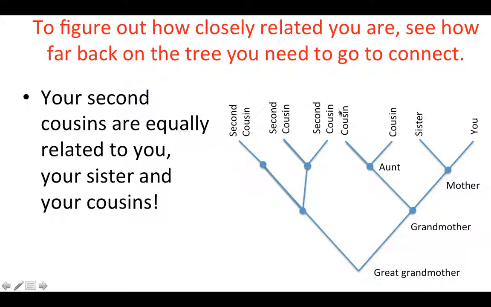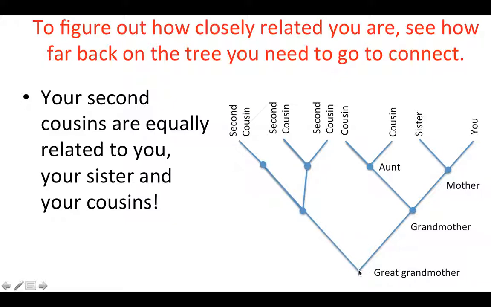So let's look at all of your second cousins. Regardless of which one we choose, let's imagine just this one for example, then the only way that we're going to get back to you, your sister, or your cousins on this tree is by following this second cousin back to her mother, her grandmother, and her great-grandmother. That puts us right here on the tree.